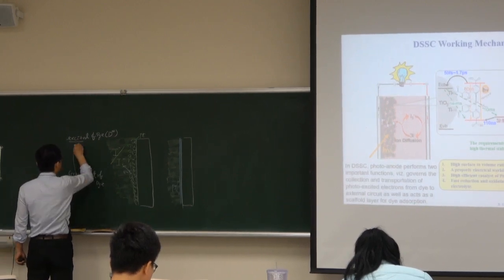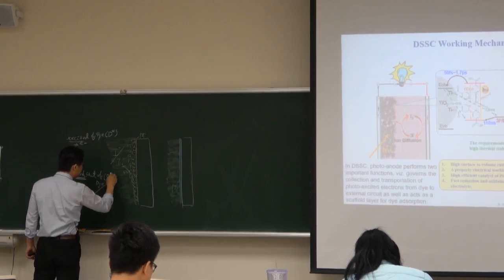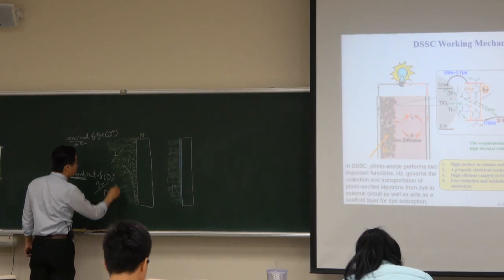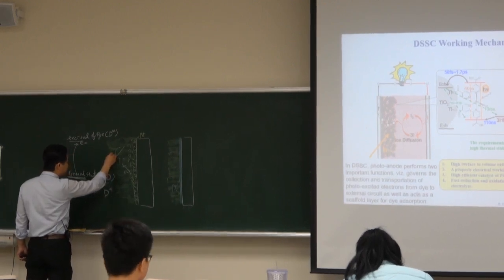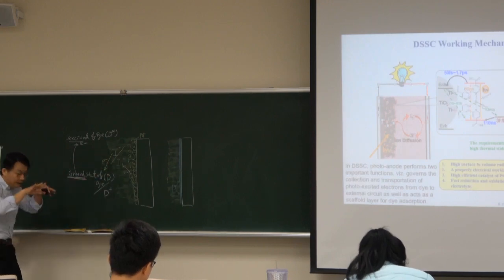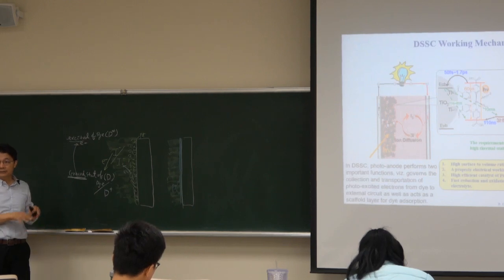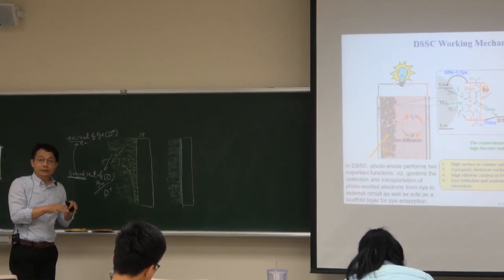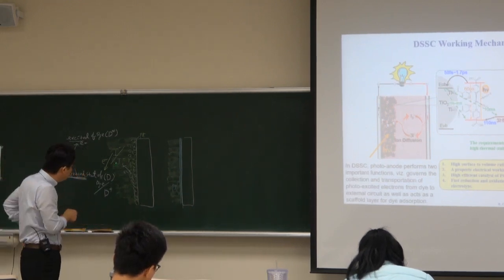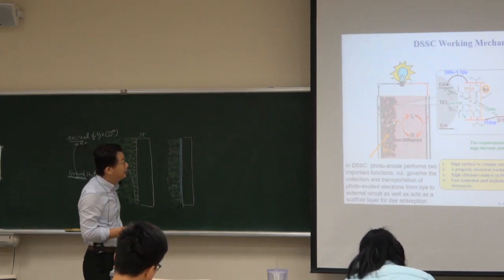Once the electron is promoted to here, it becomes the oxidation state. So faster reduction means the electron transfer in the liquid state of the electrolytes must be faster. If faster, the delivery of electrons should be faster.